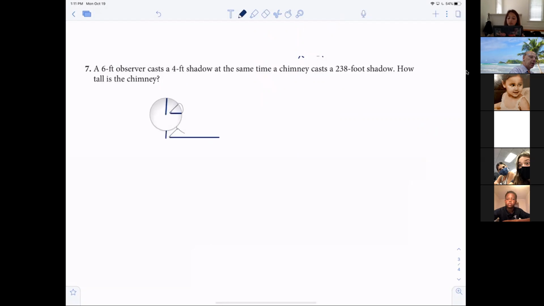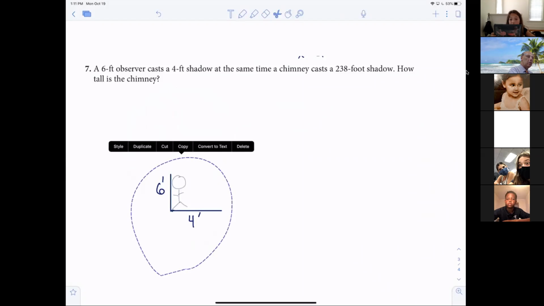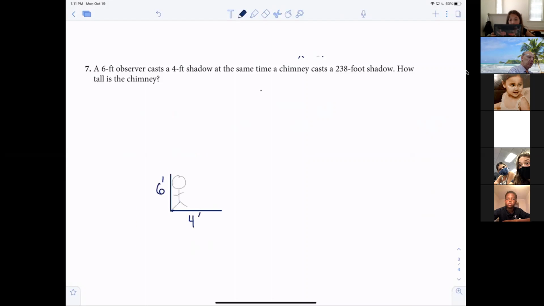All right, here you are, Josh. You're about 6 feet tall, so this is you, and this is your shadow. You agree with that? Yes. Now, you look up and you see a chimney, and that chimney makes a how many foot shadow? 238.